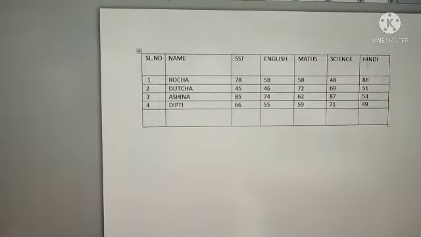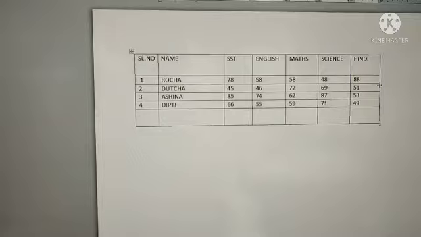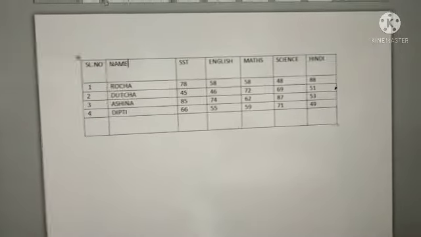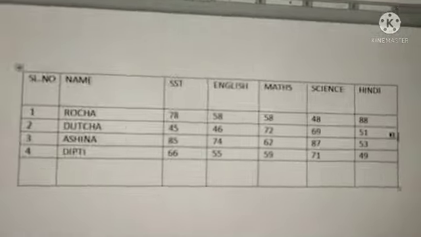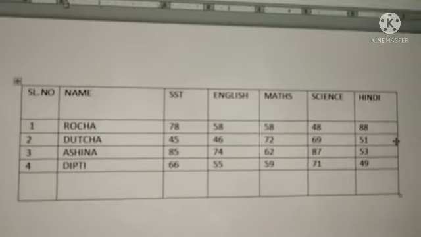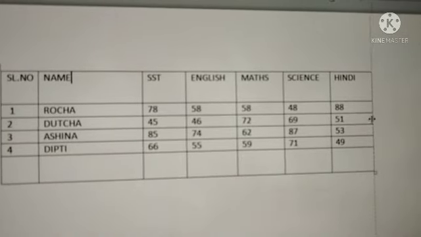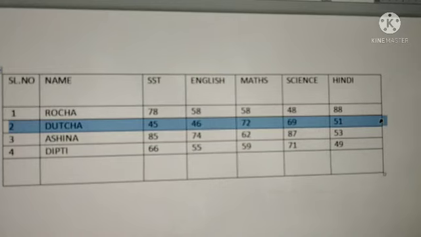Similarly in the case of a column also we can increase or decrease the size. Bring this pointer here, and when it changes to a double line, then scroll leftward or rightward.